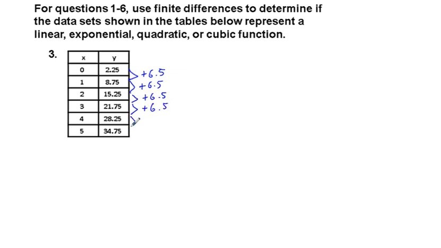So all of our first differences are plus 6.5. On the left, we're going up by 1 every time. So we conclude our first differences are equal to 6.5. Therefore, linear. So we have a linear relation.